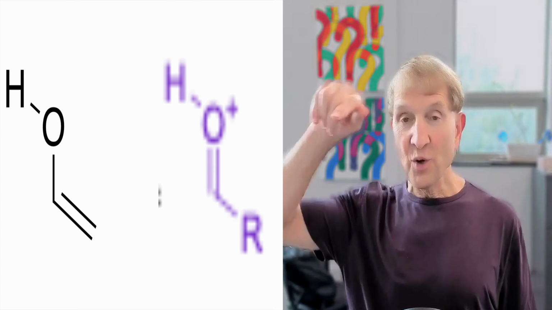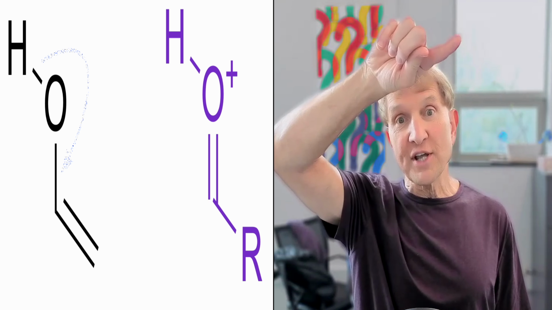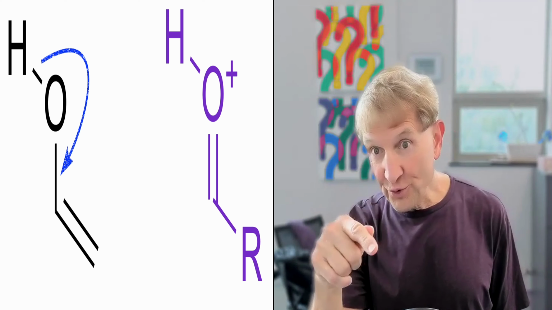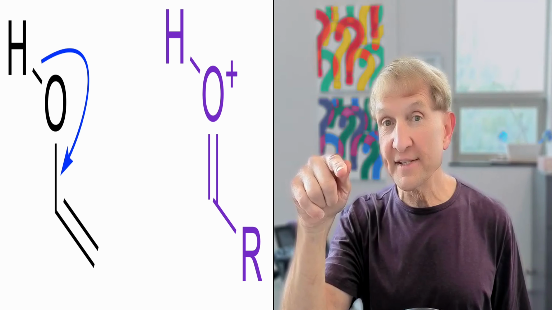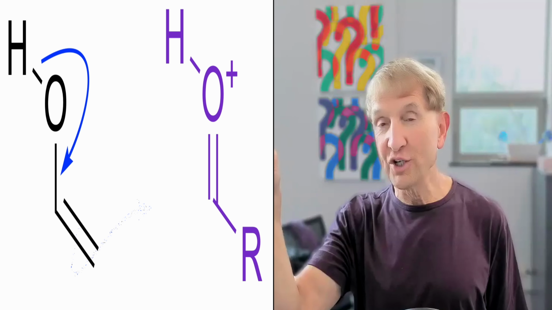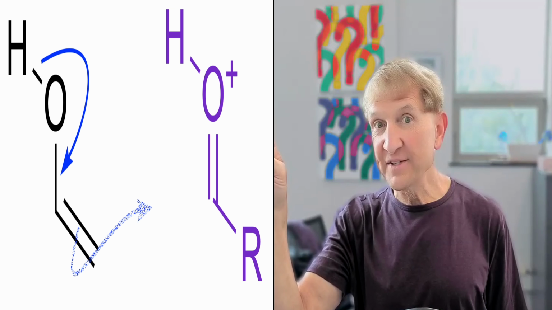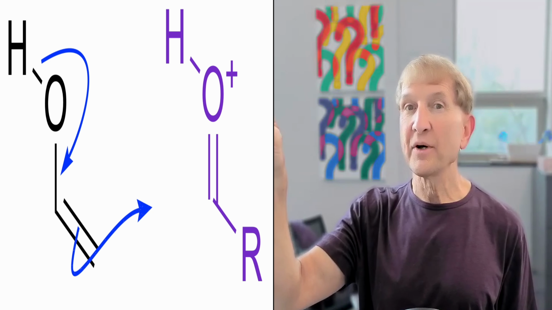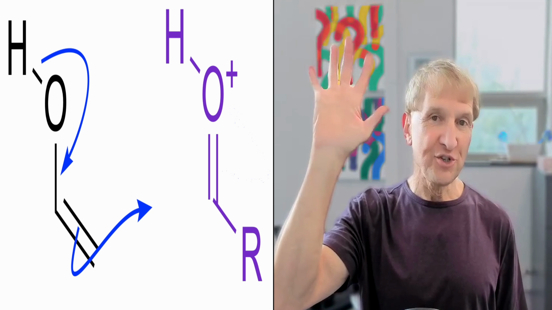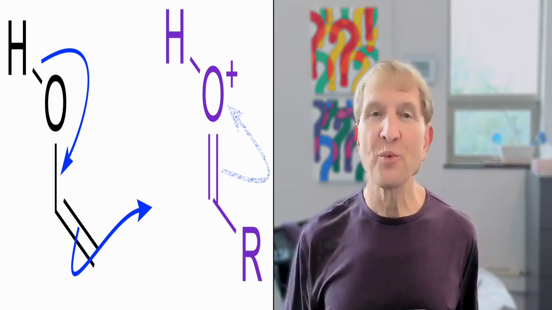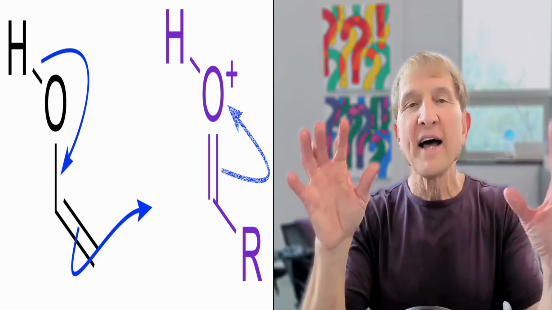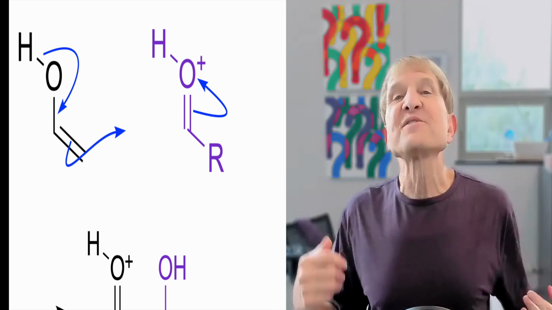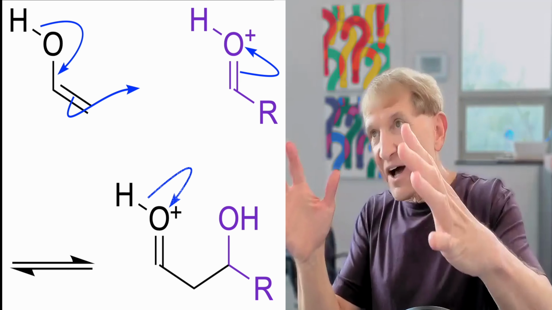When it does, we push electrons from the O-H again, regenerate the C=O double bond through the beta carbon from the C=C double bond and on to the aldehyde. That displaces the electrons that were in the pi bond of the carbonyl up onto the OH and neutralizes the charge. So we've neutralized the oxonium electrophile by deprotonating our enol. This gives us a product, which is an aldehyde and an alcohol.